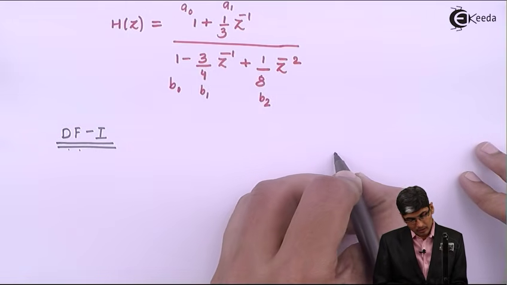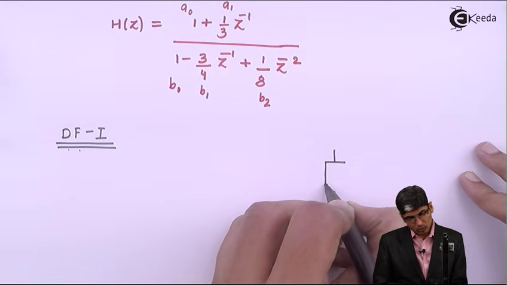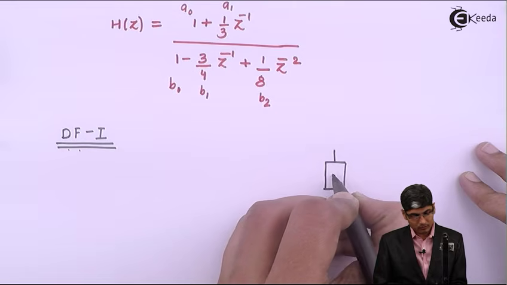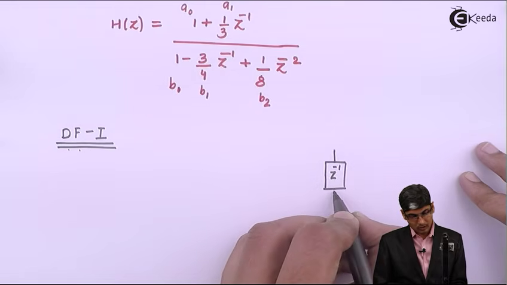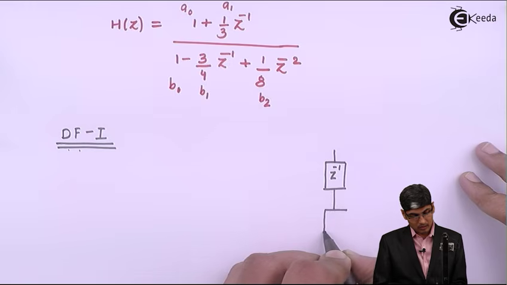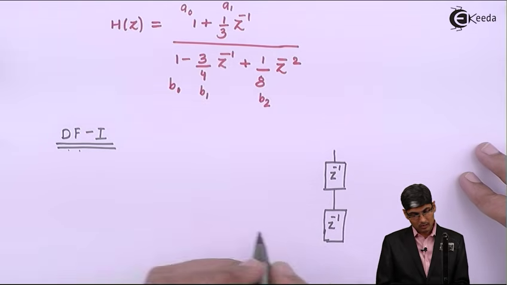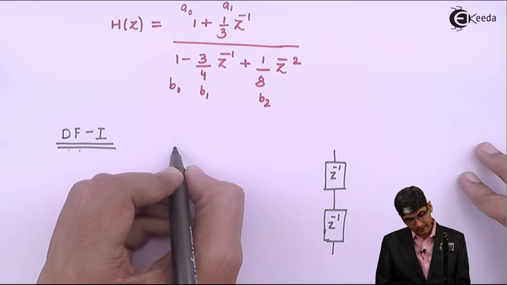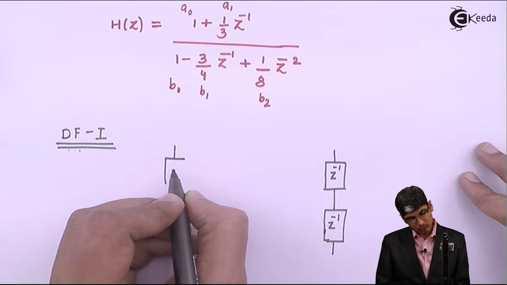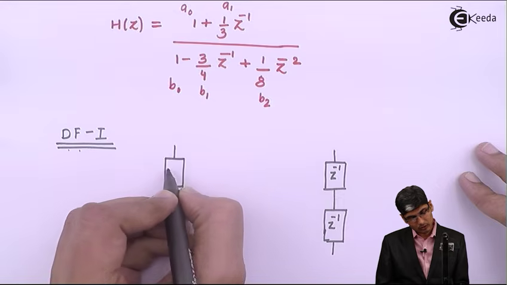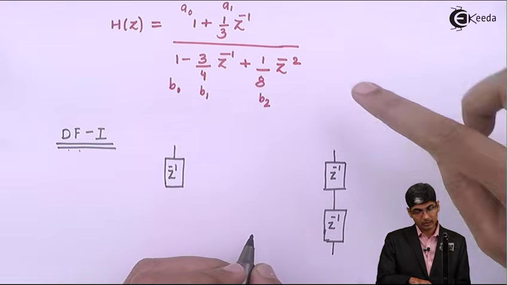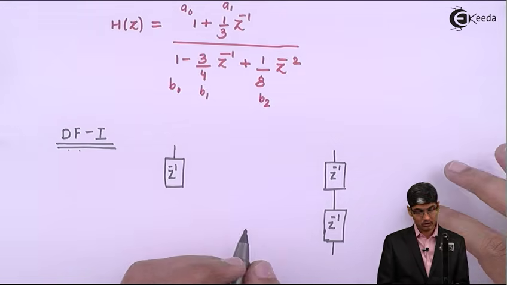So I will draw 2 lines of z inverse terms. This is one z inverse term, this is the second z inverse term, and I will draw one more line on this side, because here there is only one z inverse term, so I will write only one z inverse. There are z raised to minus 2, so I have written 2 terms.